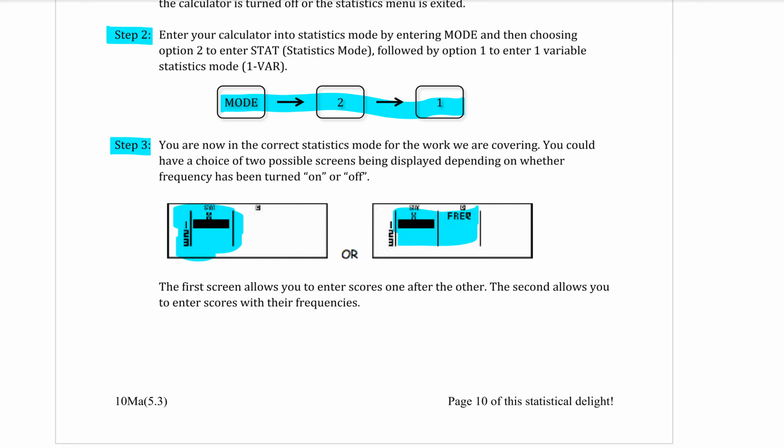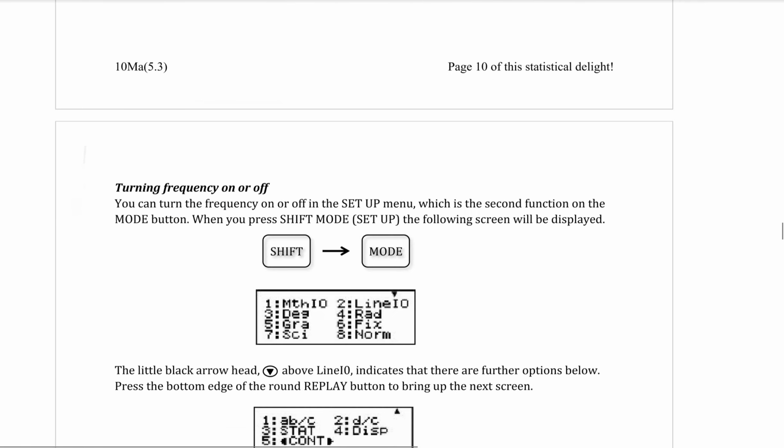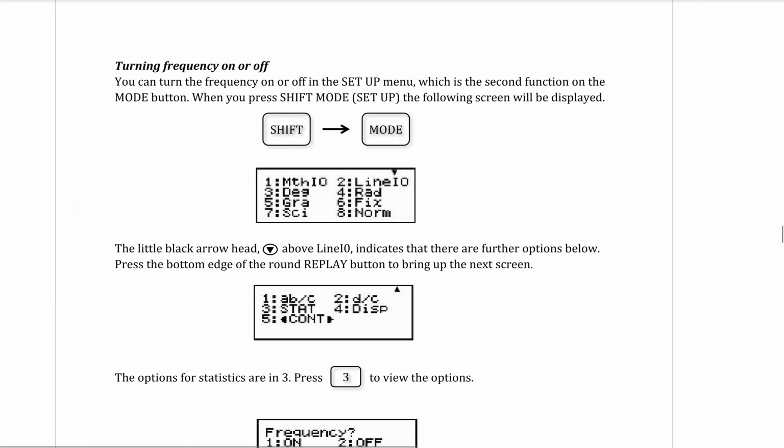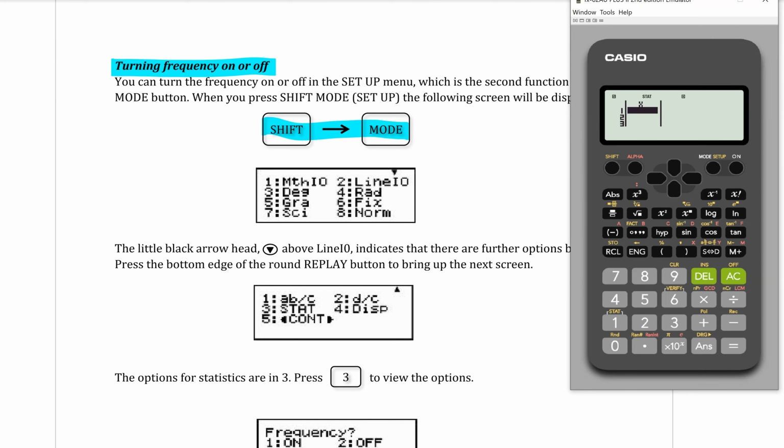Okay, so to turn that frequency on or off, this is what we need to do. So we press shift and then the mode button. Shift mode brings up that menu, so you can see the menus on the paper here as well. Then you need to click the little down arrow, so that we can go down further, and you can see that the one there that says statistics, so this is number 3.